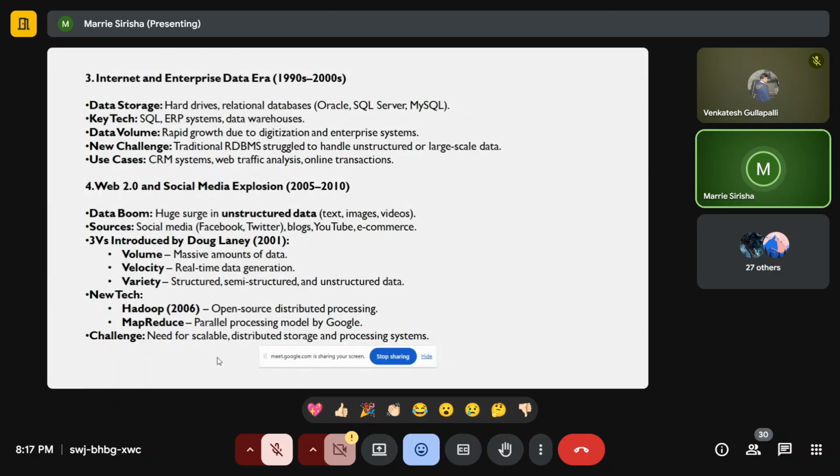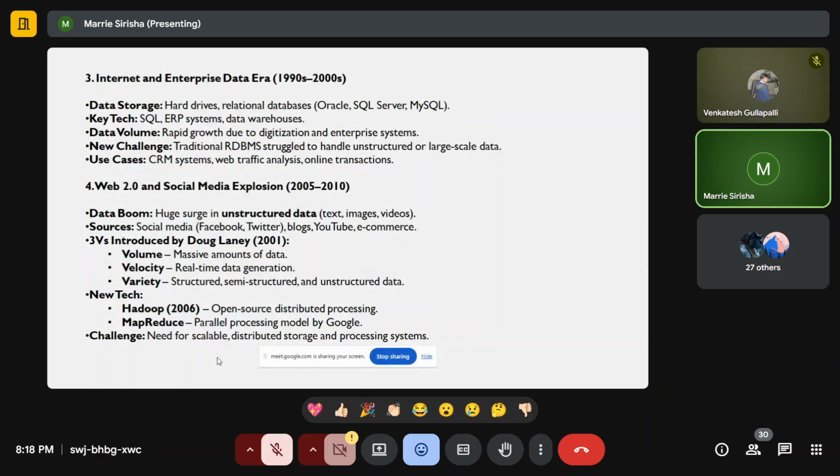And where this internet and enterprise data has been used is CRM systems, web traffic analysis, and online transactions. ఇక్కడ యూజ్ అయింది. ఓకే. సో బట్ ఇట్ హ్యాస్ స్ట్రగుల్డ్ టు హ్యాండిల్ లార్జ్ అమౌంట్ ఆఫ్ డేటా. దట్ ఈస్ ద రీజన్ వై వీ ఆర్ evolved, we adapted to the next technology, that is web 2.0 and social media explosion, that is somewhere between 2005 to 2010.